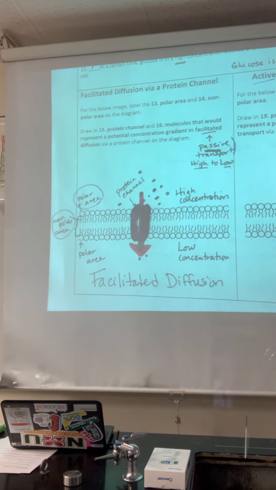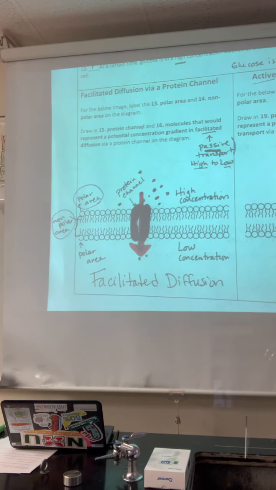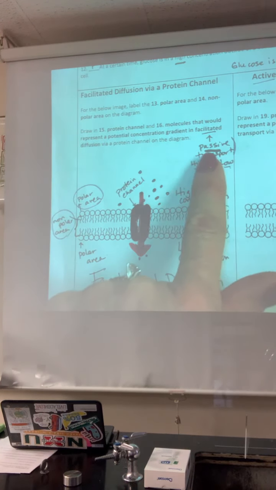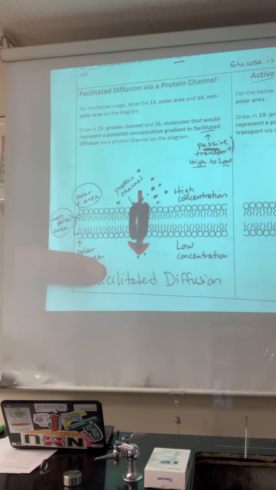Here is what you were supposed to do. A lot of students struggle with this because this is the first lesson that I give you on facilitated diffusion, so you might need to add a couple things. Remember, facilitated diffusion is passive, so it should be moving from high to low concentration.